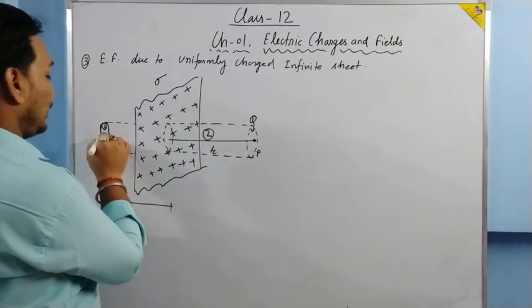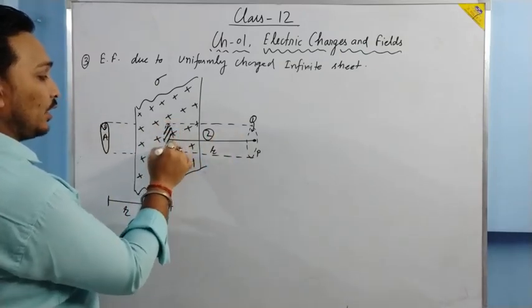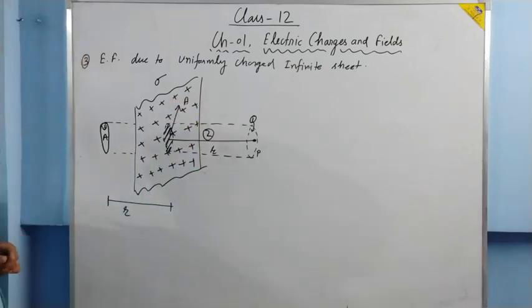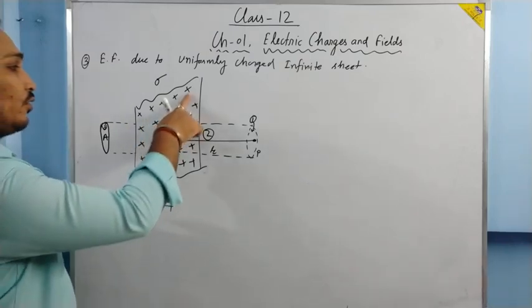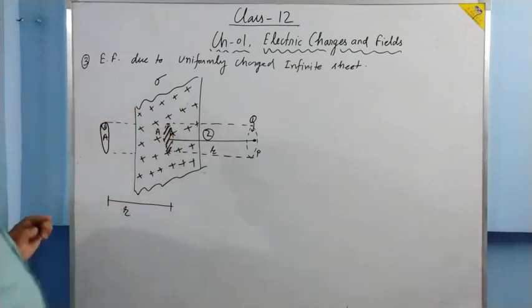Let this area be capital A. So one area will be enclosed and that area will be capital A.